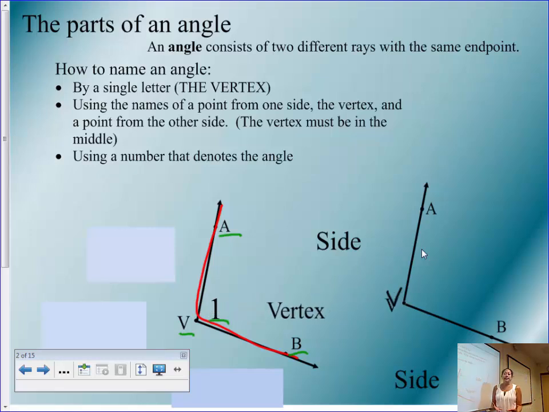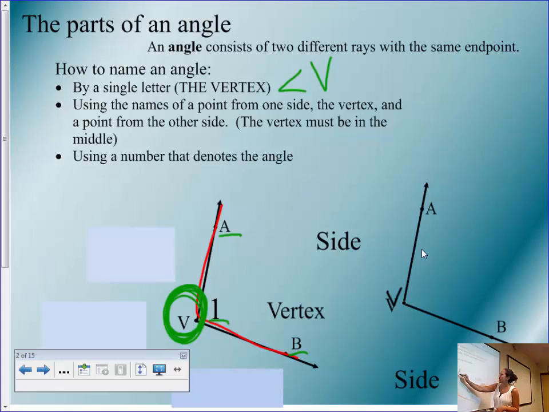So each angle is made up of two sides and a vertex, the rays with a common endpoint. Now that we figured that out, a single letter is one way that we can name the angle. That single letter has to be the vertex, that middle point, the common endpoint. So I could say that this is angle V. We could also use the name of a point from one side, the vertex, and a point from the other side.